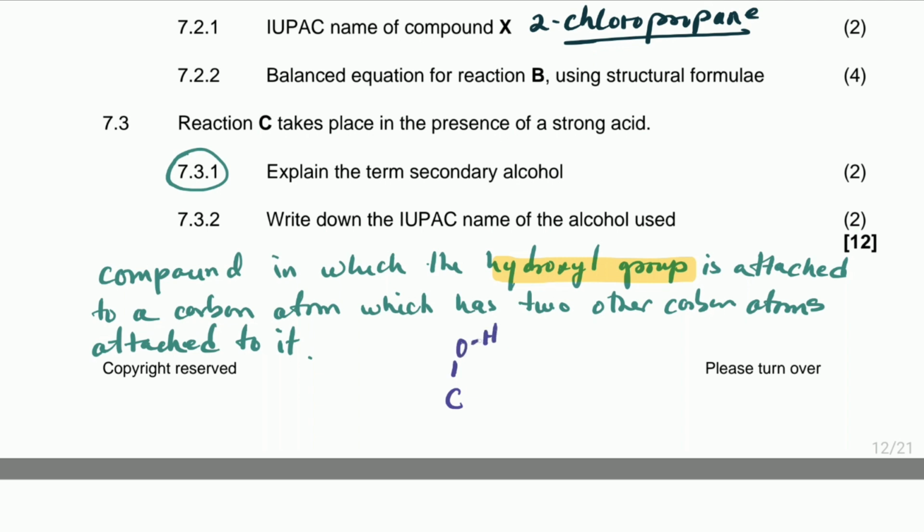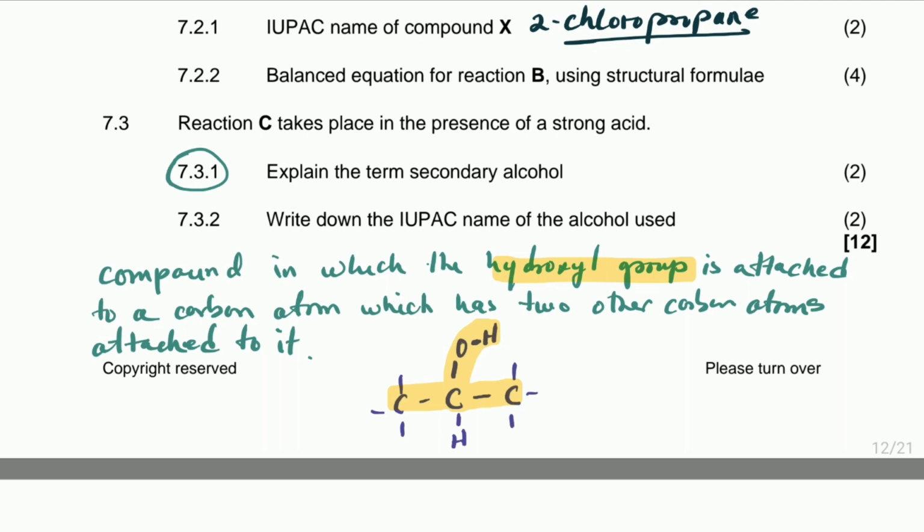Now here, this carbon that is attached to the OH must be bonded to another 2 carbons. Like for example here, it cannot be bonded to 3. This one must be hydrogen, and therefore obviously, this is a secondary alcohol. The carbon that is attached to the OH is attached to 2 other carbons. That is what a secondary alcohol is.